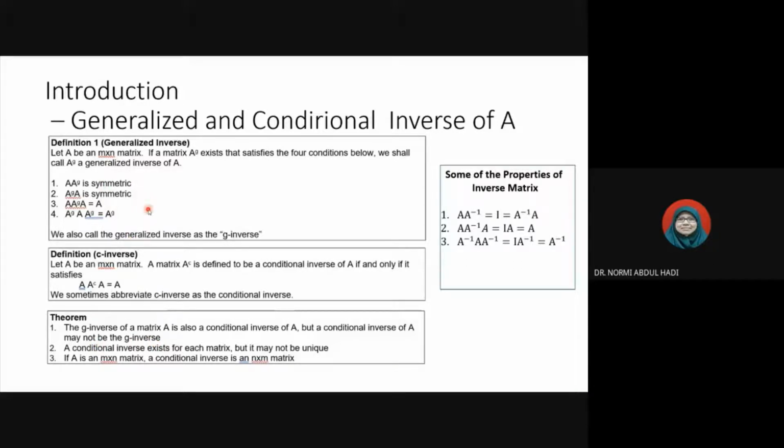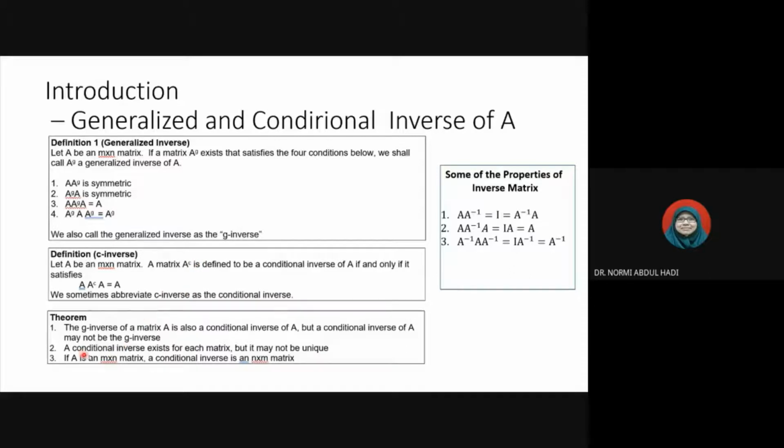One matrix can have only one AG, but one matrix can have more than one AC. So if you get AG, that is AC. But if you get AC, maybe that is not AG, because AC is not unique, there are many AC.